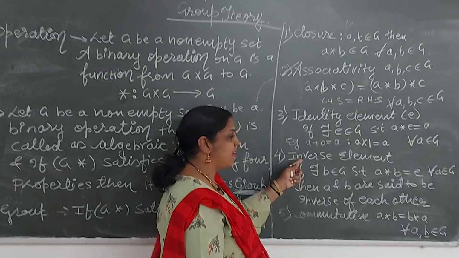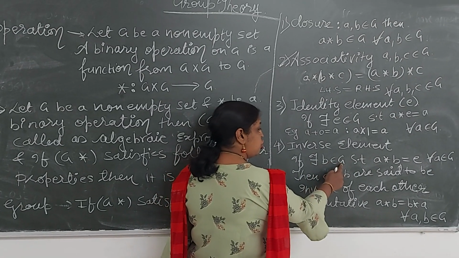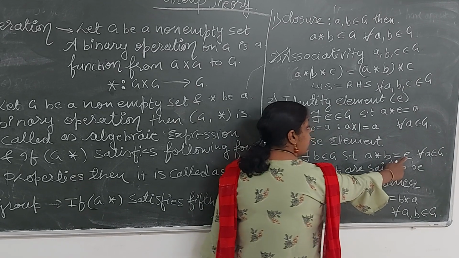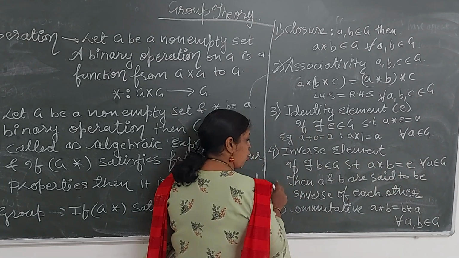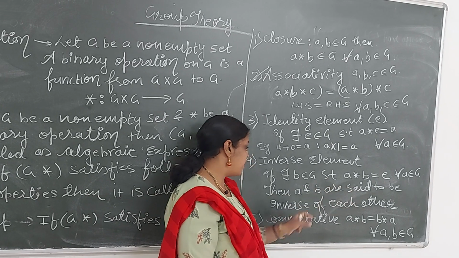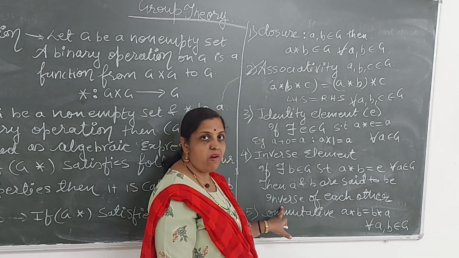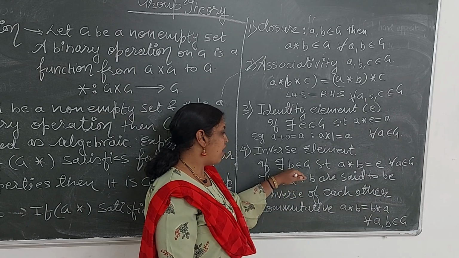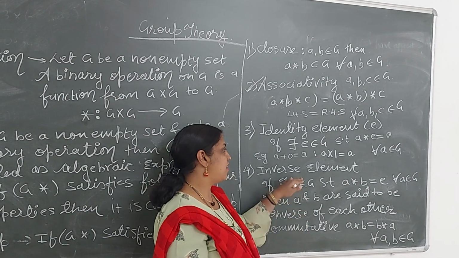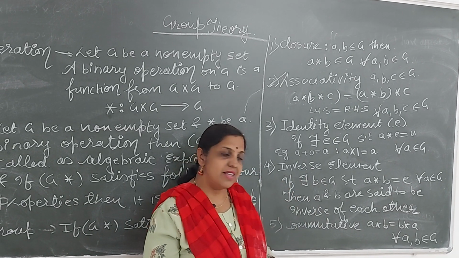Next, the fourth property is inverse element. If there exists B belonging to G such that A star B is equal to the identity element E for all A belonging to G, then we say that A and B are inverse of each other. If I can find the inverse of every element in G, then I say that the inverse element property is satisfied.